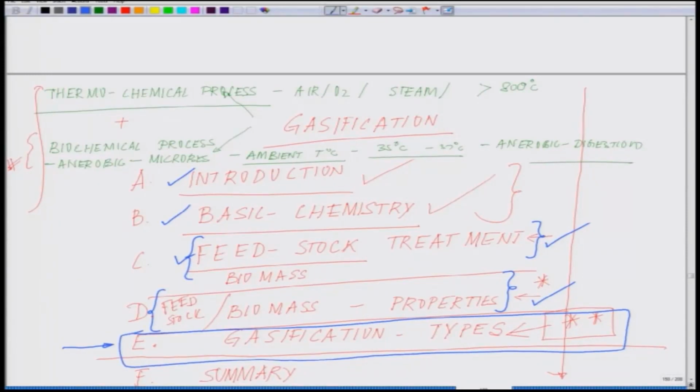But what I wanted to highlight today is, please go through this part very carefully. This is very important, the basic chemistry. You should understand the basic chemistry, as I was mentioning a number of times today. If you understand the basic chemistry right, then it will be very easy to correlate these aspects, that is, how the reaction is going to happen.